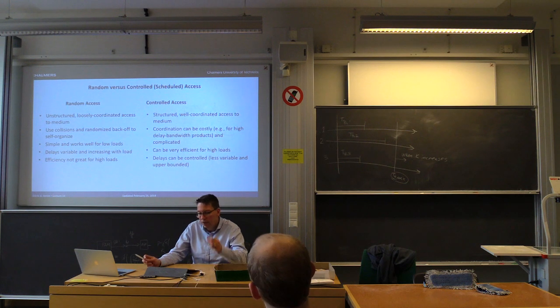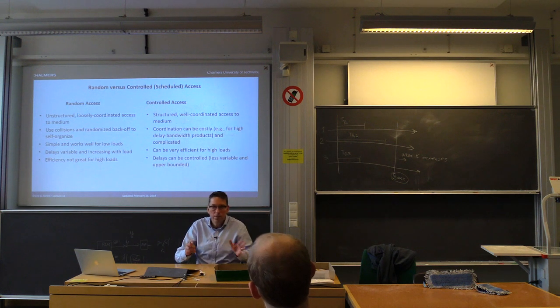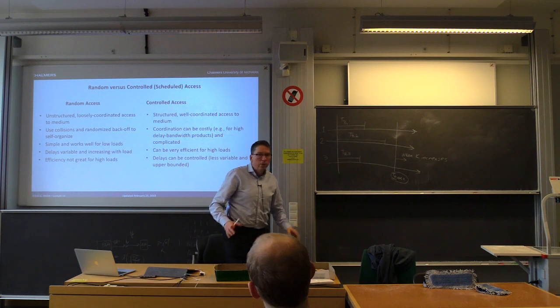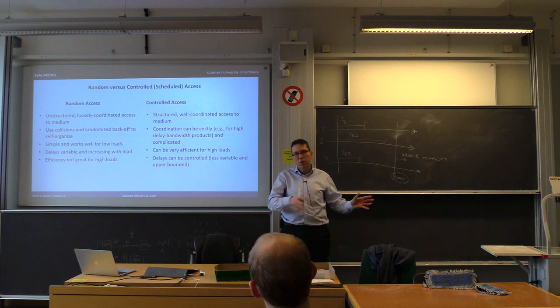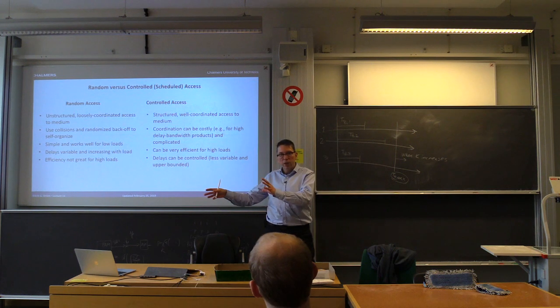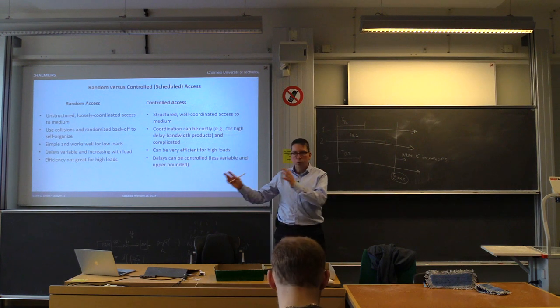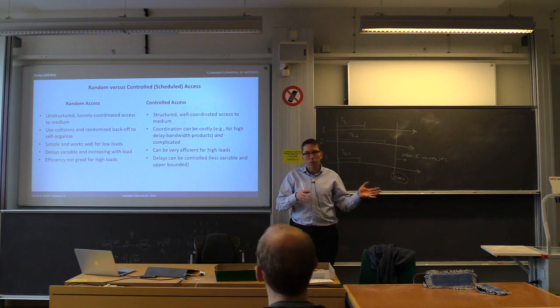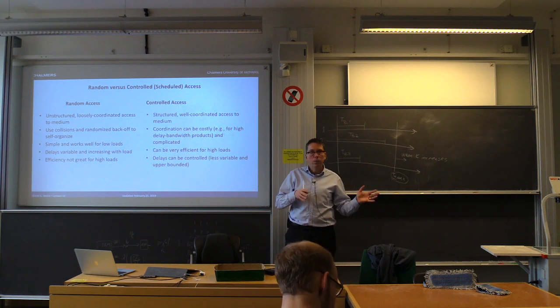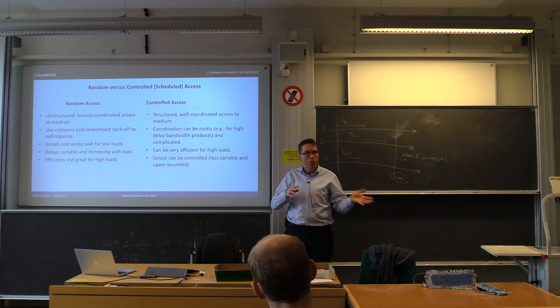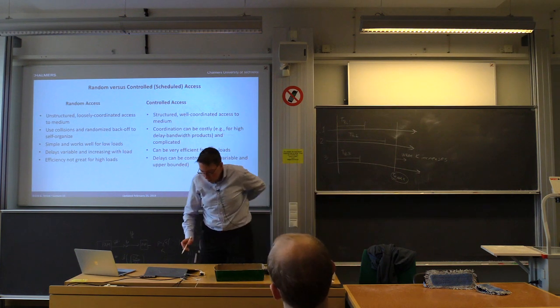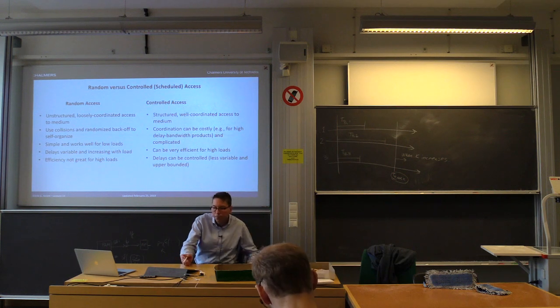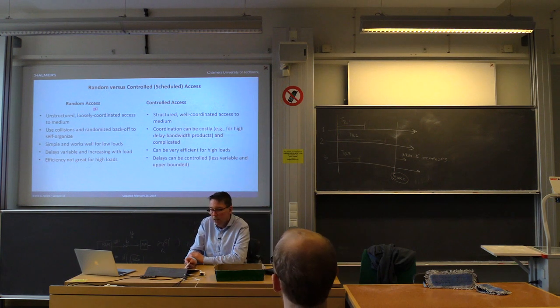So if we want to finalize the comparison, we started by talking about random access, which is loosely controlled access, and then we started to talk about controlled access. So what are the pros and cons with this? And we will see that they have different good things and different bad things. Which one you would use depends on the situation. So when it comes to random access, what is that?